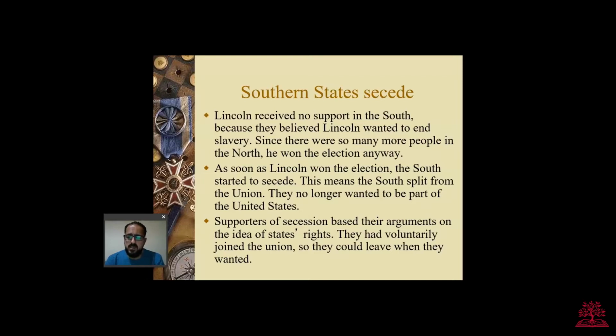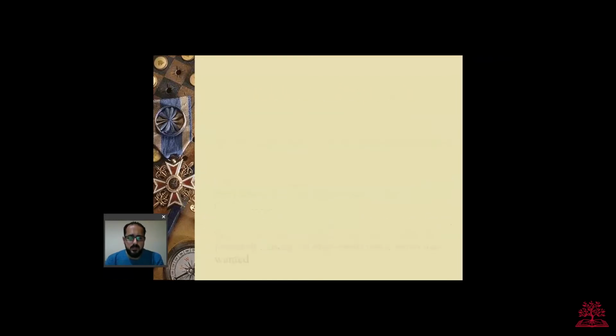They had voluntarily joined the Union, so they could leave when they wanted. They believed: we joined the Union, and we're going to leave it now. We were not forced to join the Union, and right now we have the ability to leave the Union again.